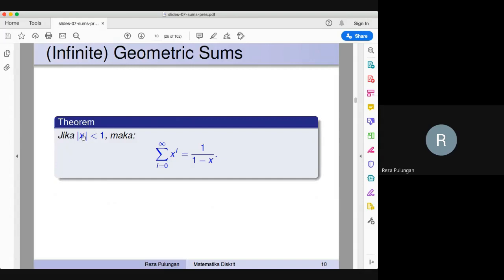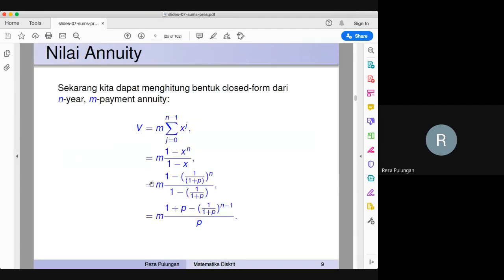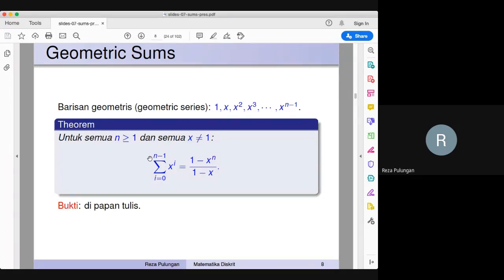If the absolute value of x is smaller than 1, then according to this theorem, the summation from i equal to 0 until infinity of x to the power of i is equal to 1 divided by 1 minus x. How do we get this theorem? It is actually quite easy. If we go back to the previous theorem and n is increased again and again until it is close to infinity, then we have 1 minus x to the power of n.